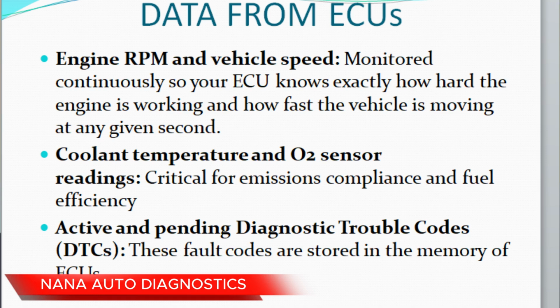Two, the coolant temperature and oxygen sensor readings. Now these are critical for emissions compliance and fuel efficiency. And it also gives feedback of the active and pending diagnostic trouble codes, or what we know as DTCs.